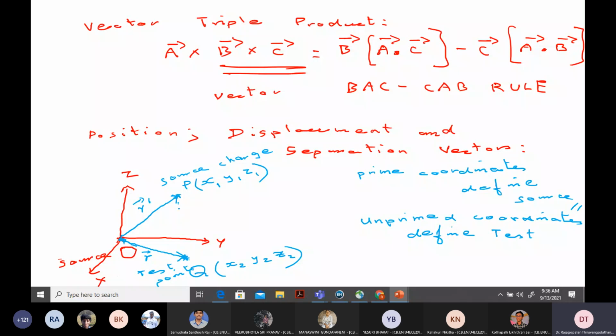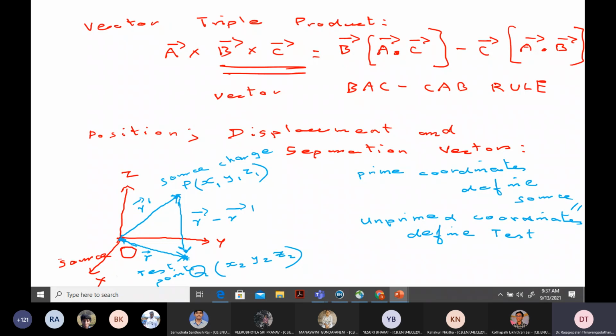It is always drawn like this: from the source, I define this vector, so r prime plus this equals r. So this vector must be equivalent to r minus r prime. This is the addition of vectors.